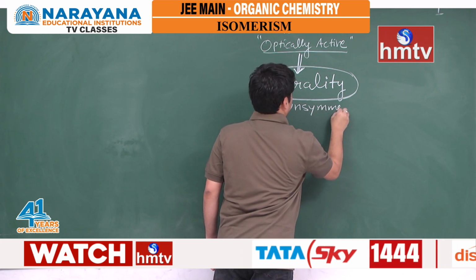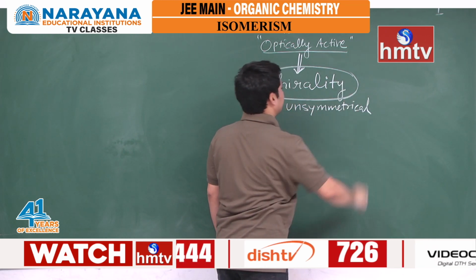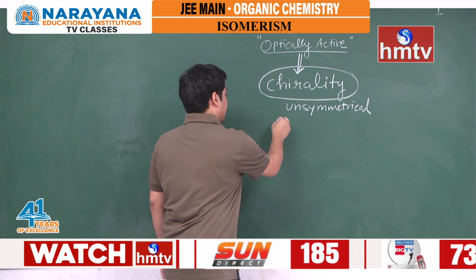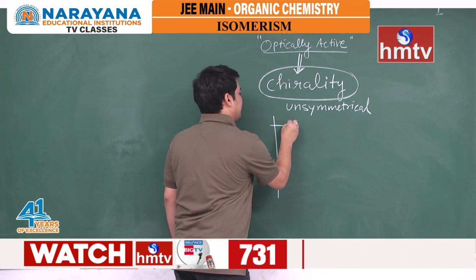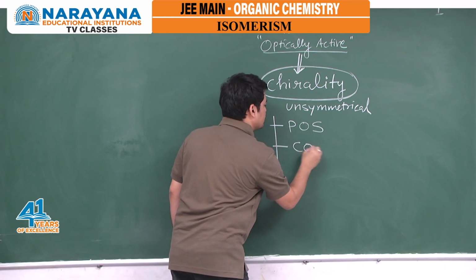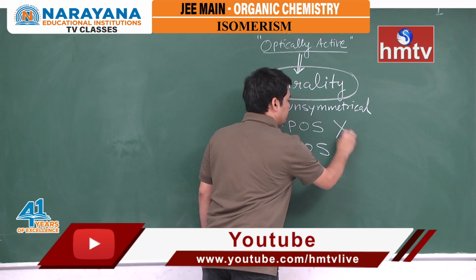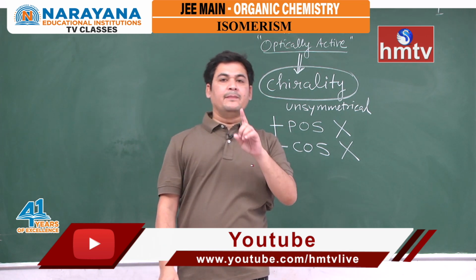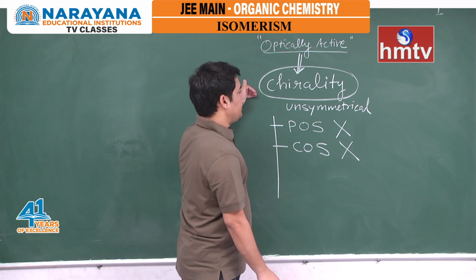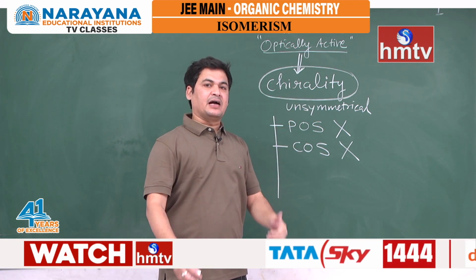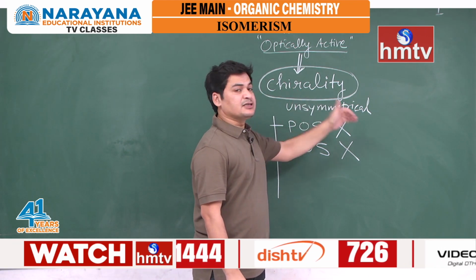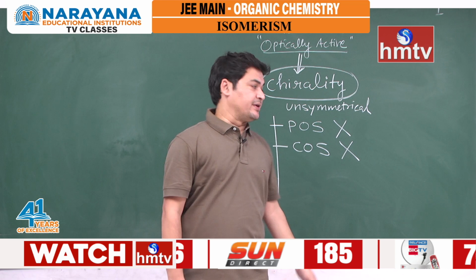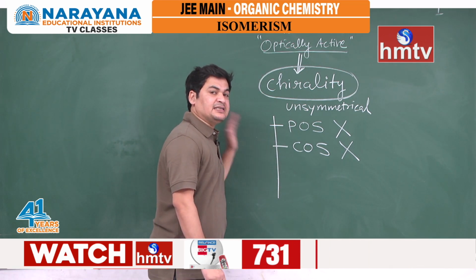It means there should be no plane of symmetry, no center of symmetry, no symmetry at all. The compound should not have any kind of symmetry, mainly plane of symmetry and center of symmetry.